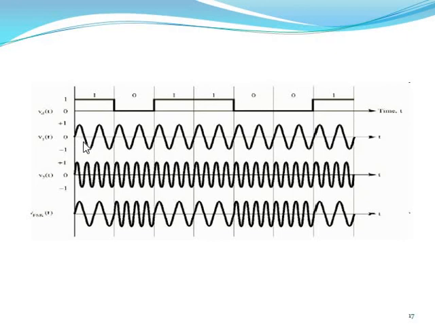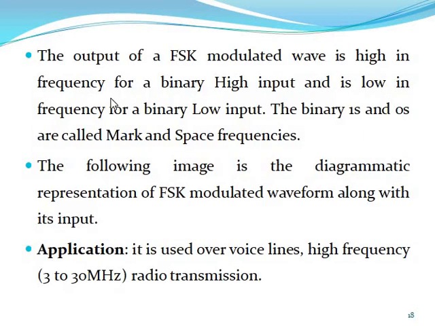This is one cycle and the frequency is the same. Or you can say this is one positive and one negative, two positive, two negative. So this is the same frequency modulation occupying the signal. It is called frequency shifting. So frequency is shifted based on the signal, which is positive and negative.